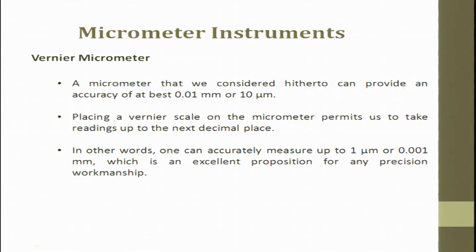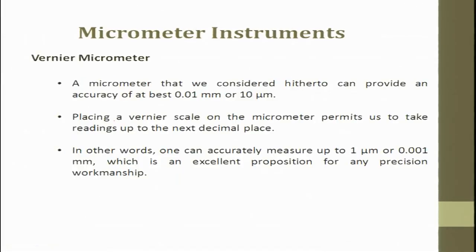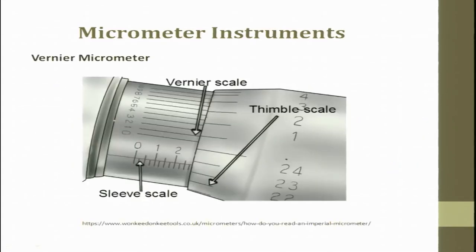So, this is the outside micrometer. Next is the vernier micrometer. You see here the vernier scale and you see the dimple. The dimple is a nut which is attached, and here is a sleeve scale. This is the main scale.